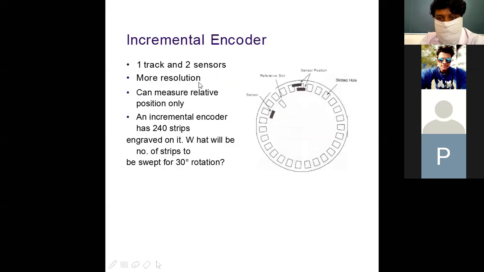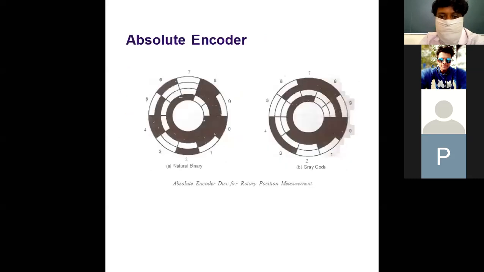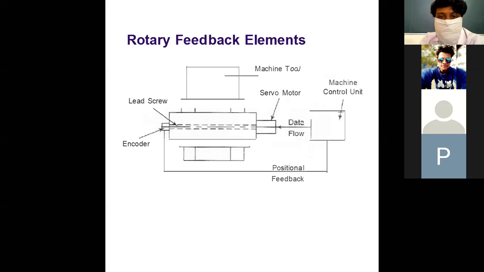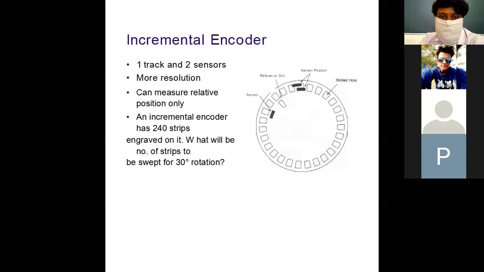An incremental encoder is there. Okay, we will see this in detail in the next lecture. I think only 5 minutes are remaining, so if I start explaining each of them, it will take some time. So we will discuss these feedback systems in the next lecture.